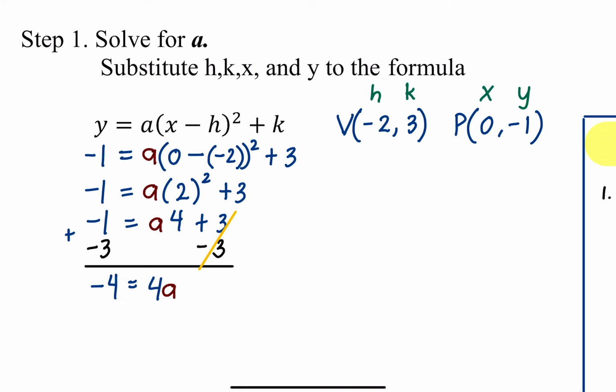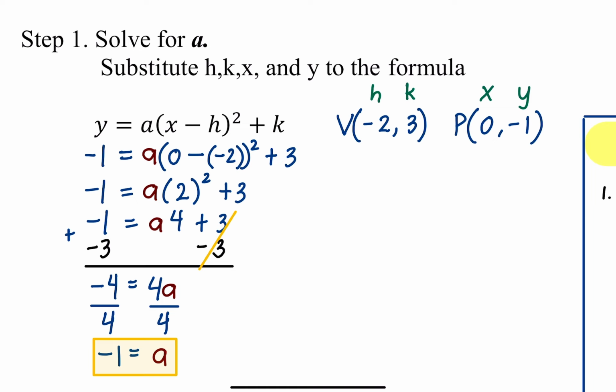Last step, we have to divide both sides by the coefficient of a, which is 4. So 4 divided by 4 is simply 1, so a is equal to -4 divided by 4, which is simply -1. So this is the value of our a.